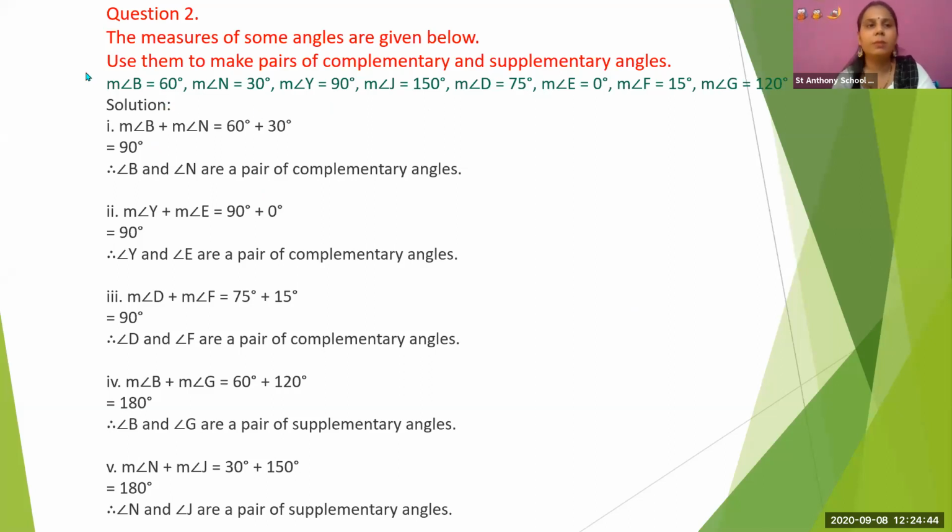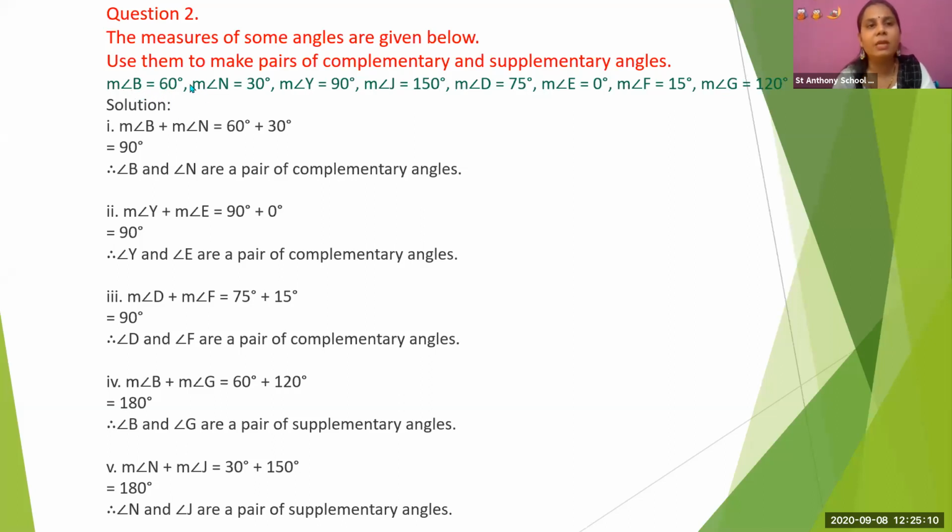So the measure of angle B is equal to 60 degree, angle N is 30 degree, angle Y is 90 degree, angle J is 150. E is equal to 0, F is equal to 15, G is equal to 120. Now we have to find which of these pairs are complementary or supplementary. For example, the measure of angle B is equal to 60 degree.